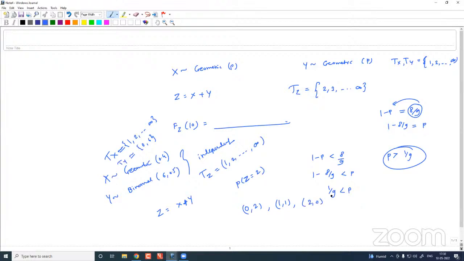Any other case? No. So this is X, this is Y, this is X, this is Y. You know how to find the probabilities, right? X will be treated with respect to the geometric formula and Y will be treated as per the formula of binomial, right?